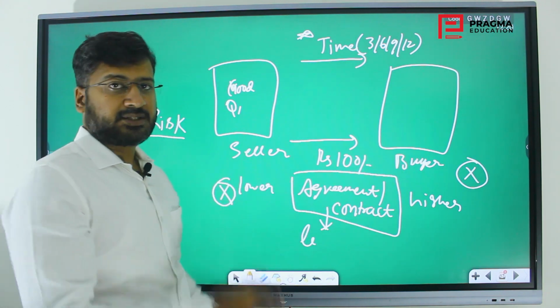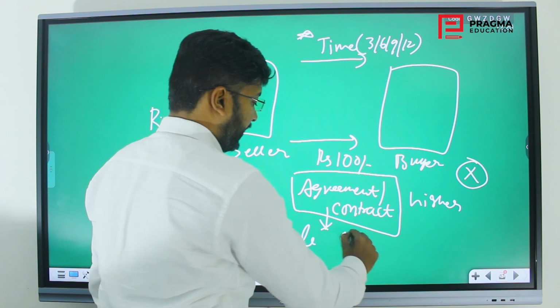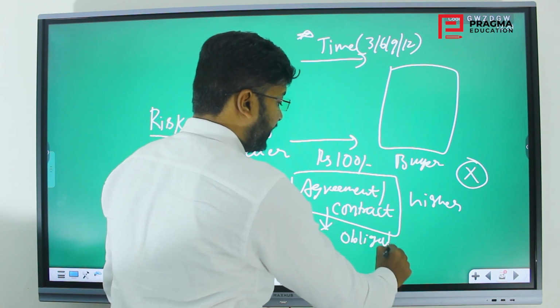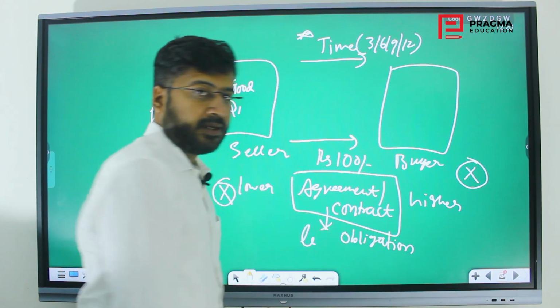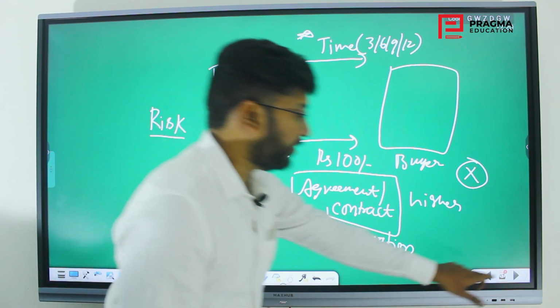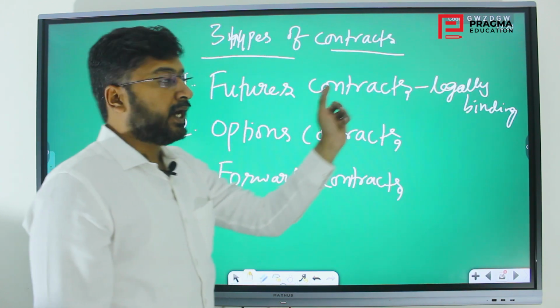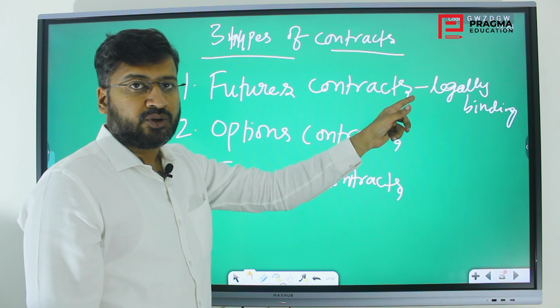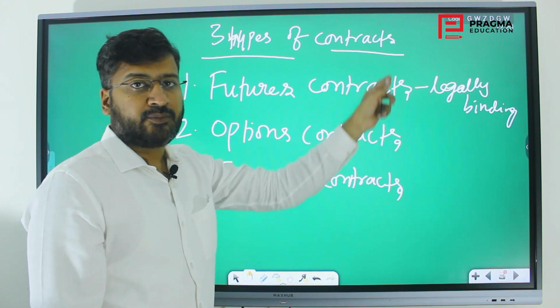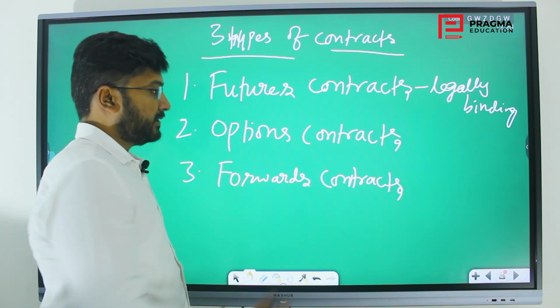Whoever will be at a loss doesn't matter, it should be executed, and it is an obligation for either of the parties. Why? Because even if they don't like it, they will have to execute this agreement, since it is legally binding, which means either party can drag the other party to court to force them to execute it. That is futures contracts.